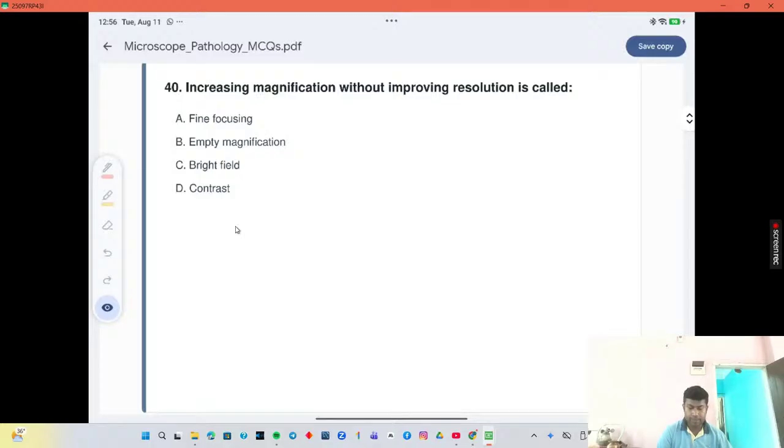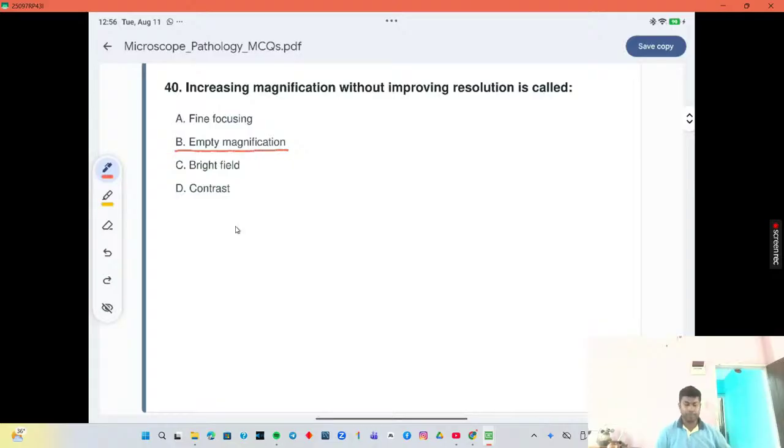Increasing magnification without improving resolution is called? It is empty magnification, because here we will not be able to distinguish between two objects.